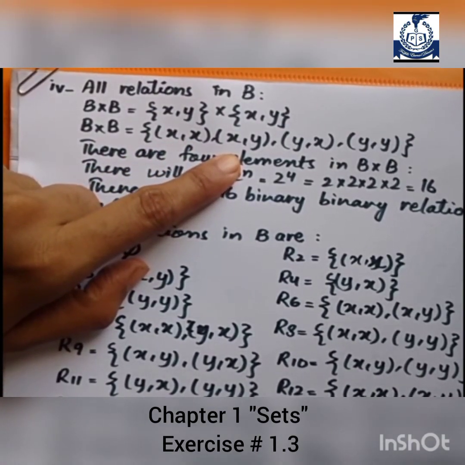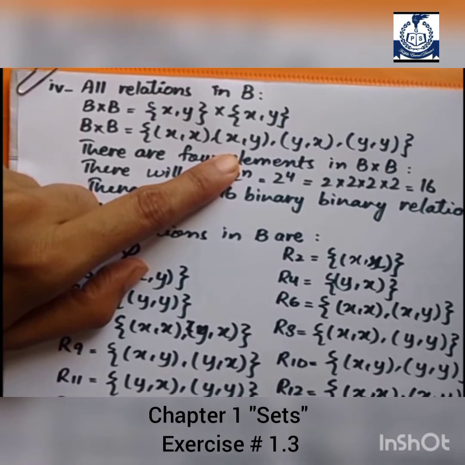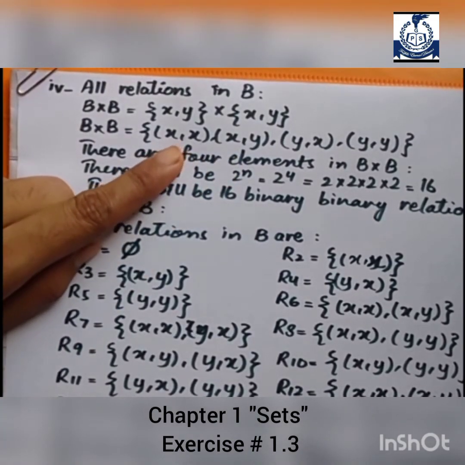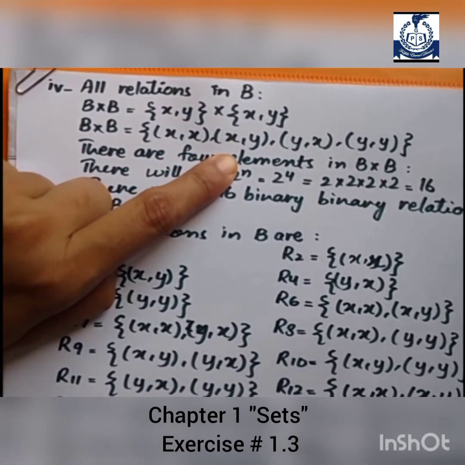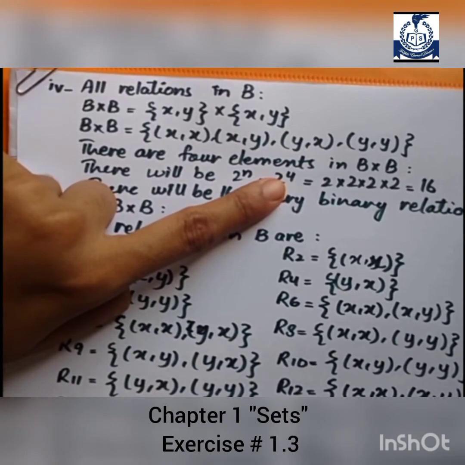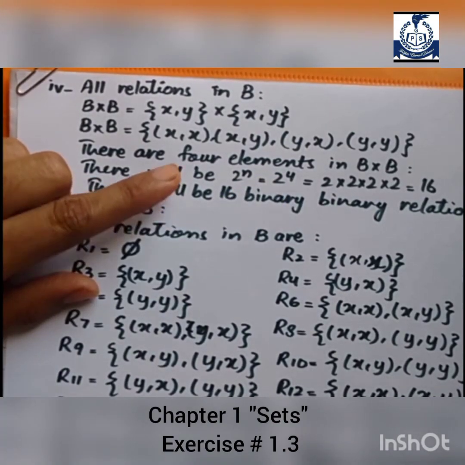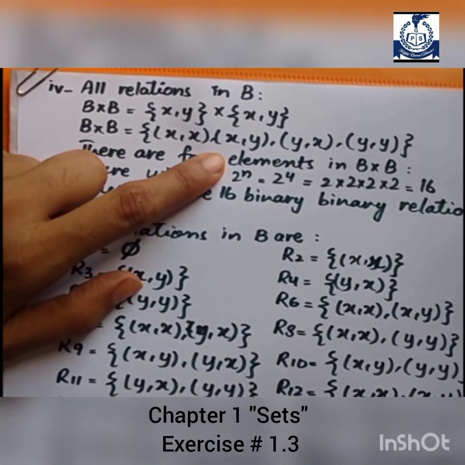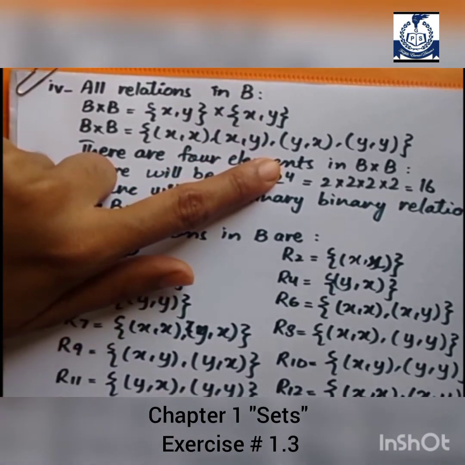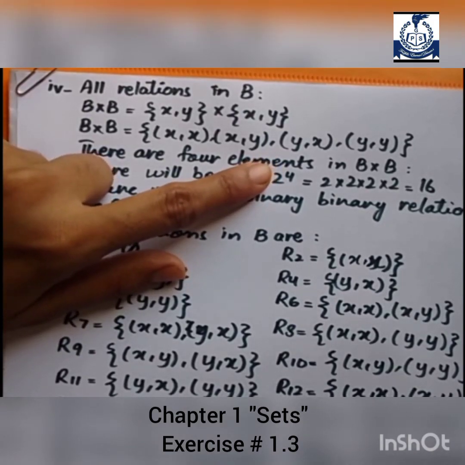Then we make R14, which is relation 14. In relation 14 we also make a set of 3, which are (x, x), (y, x) and (y, y). And then we make relation 15, R15, which is (x, y), (y, x) and (y, y).